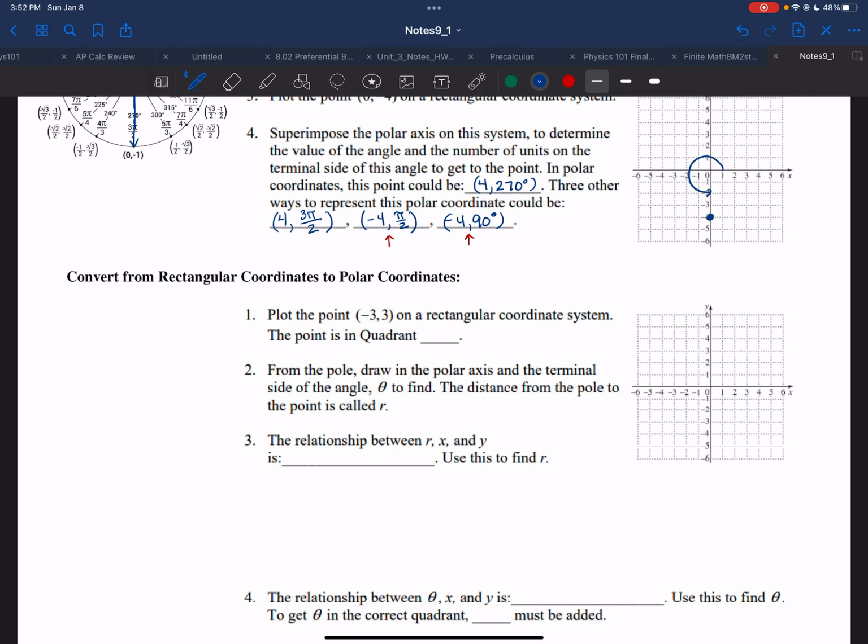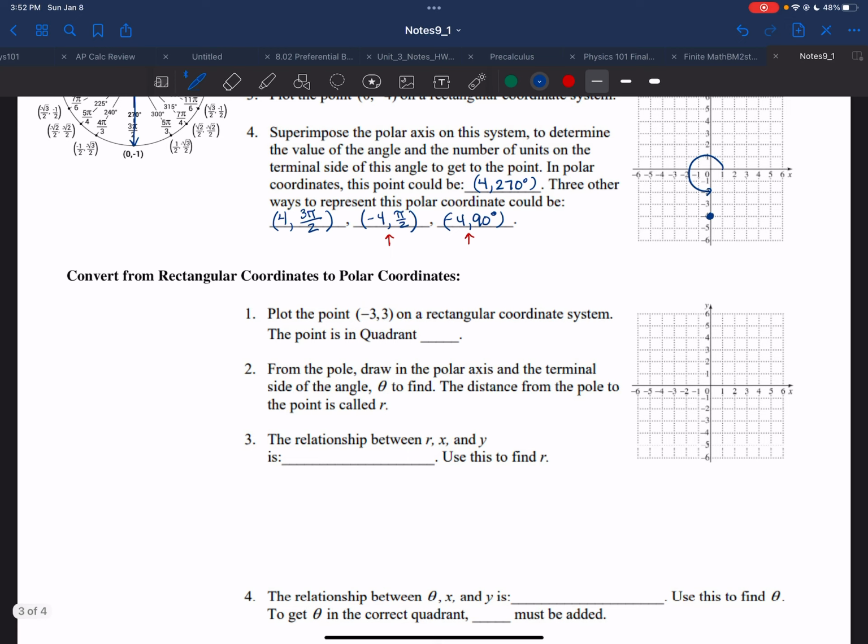All right. Let's look at the point -3, 3. So -3 is here, and I'm going to go up 3. So that's this value right here. The point is in quadrant 2. From the pole, draw in the polar axis and the terminal side of the angle theta to find the distance from the pole to the point, which is called r.